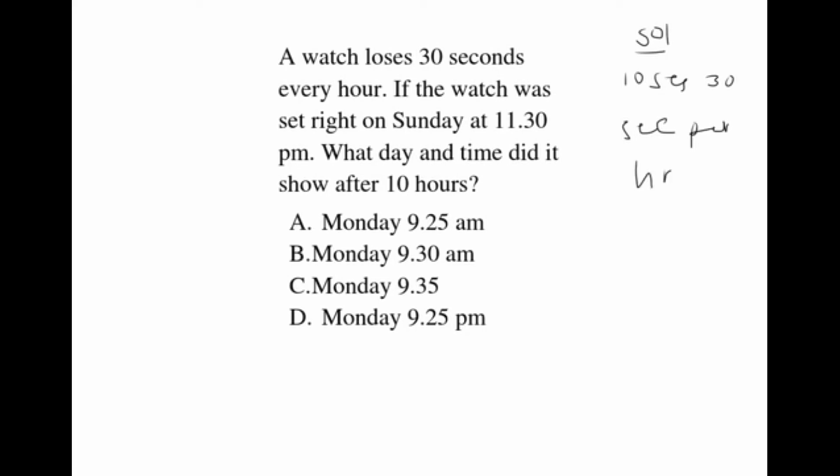Then we are told that the watch was set right on Sunday at 11:30 p.m. So we have the day here is Sunday. The time is 11:30 p.m. Then we are asked, what day and time did it show after 10 hours?